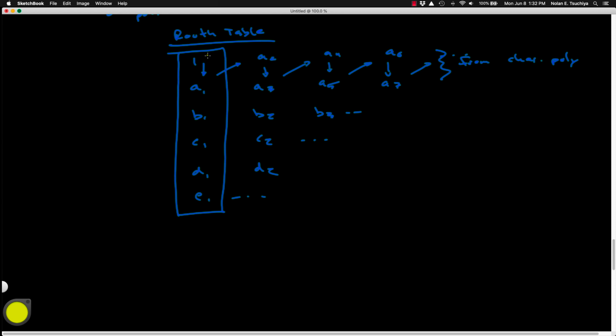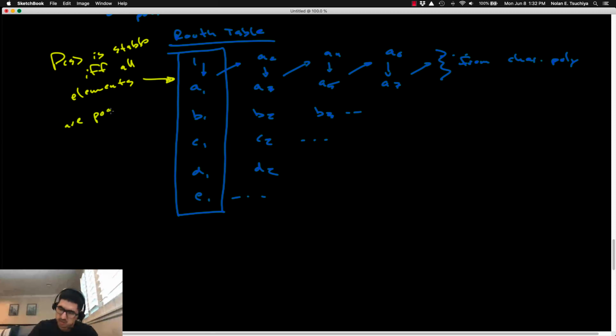And the criterion itself, the Routh-Hurwitz stability criterion, says the transfer function P of S is stable if and only if all of the elements in the first column of the Routh table are positive. Right? So strictly positive, so greater than 0, not equal to 0, greater than 0. Okay, so that's the actual test to determine stability.